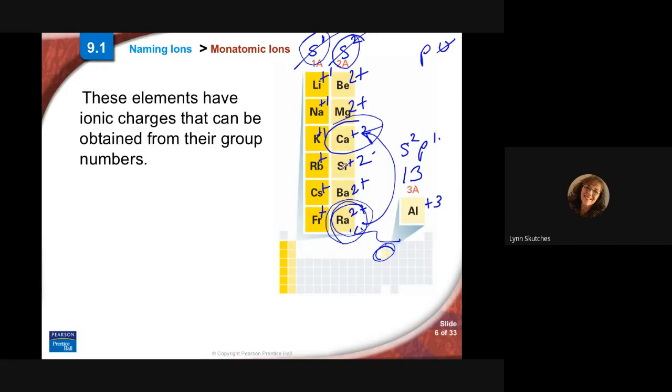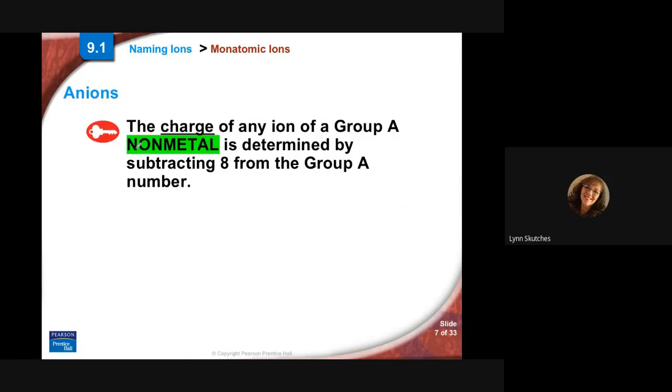Sorry about that. Anions, okay, non-metals form negative ions, and that's because they gain electrons. Those extra electrons are to get them to noble gas configuration.